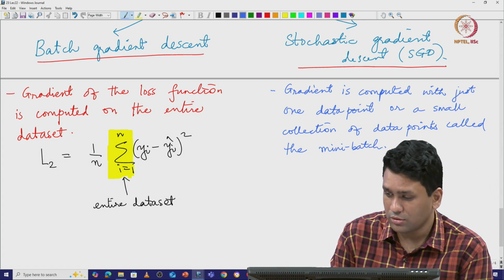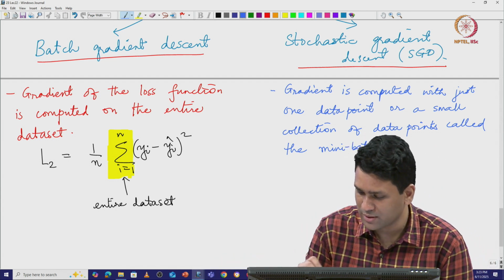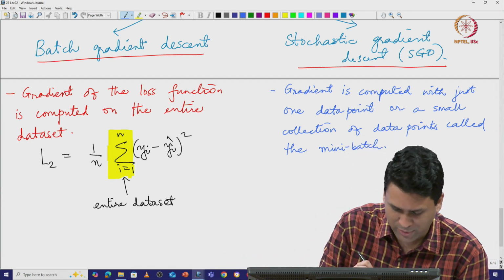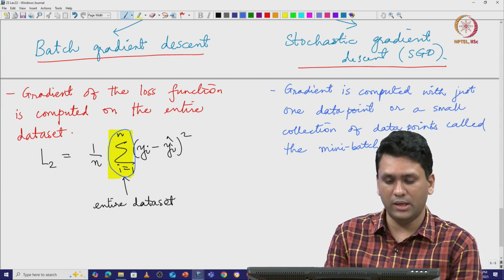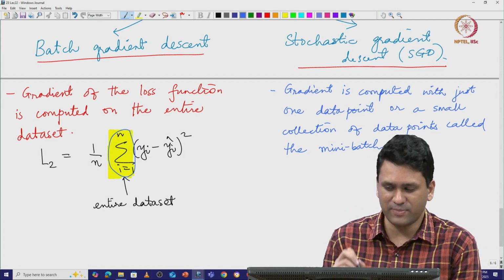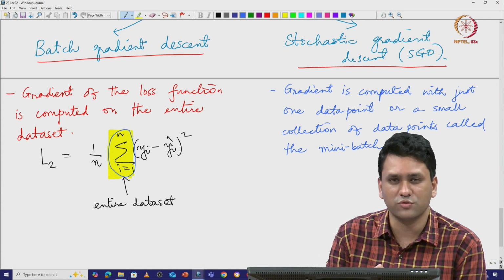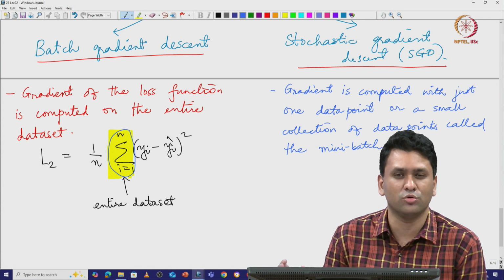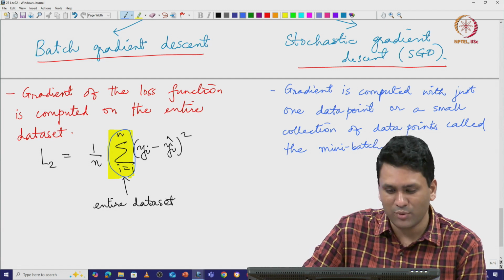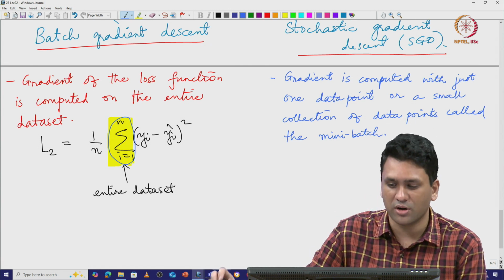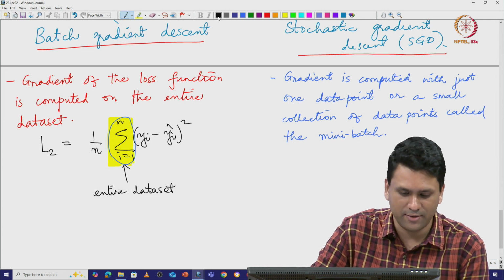So this is the major difference. The gradient is computed with just one data point. You pick the data point for which you are computing the loss function, and then the gradients also are computed with respect to that point, or a small collection of data points. If you do not want to use all the n points, maybe you use n by k points, where k is a large number, and that way you do not spend too much time just computing the gradients, and your algorithm can proceed slightly faster.